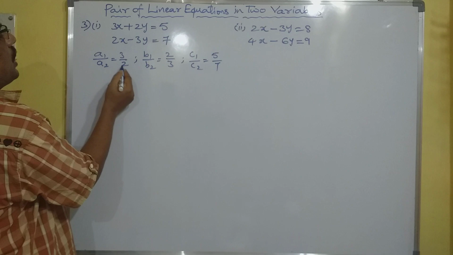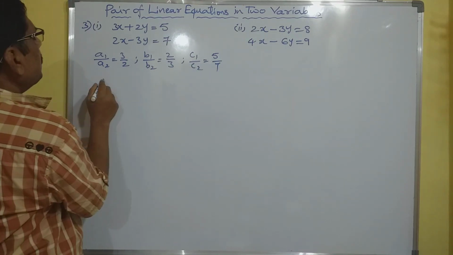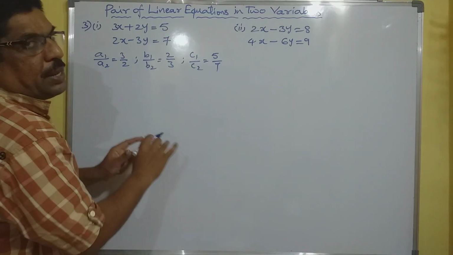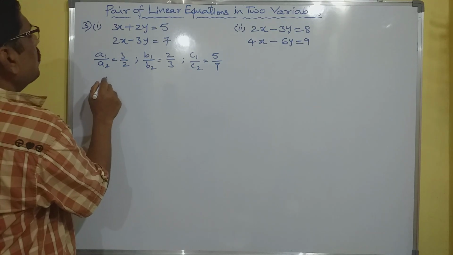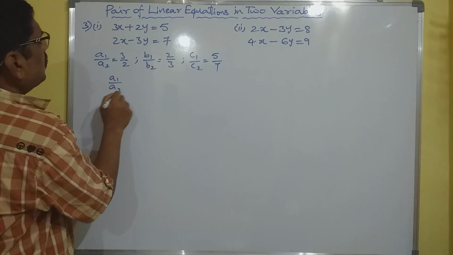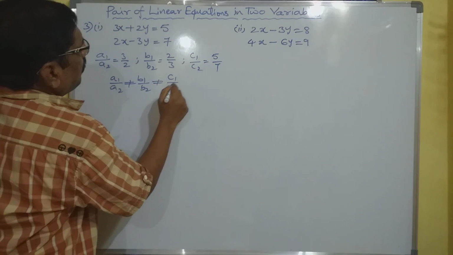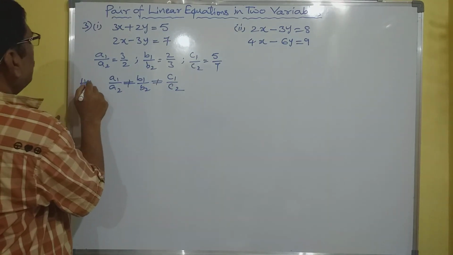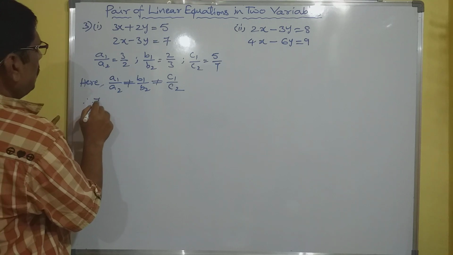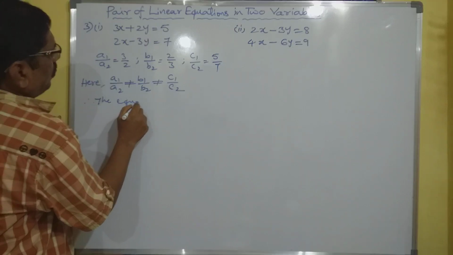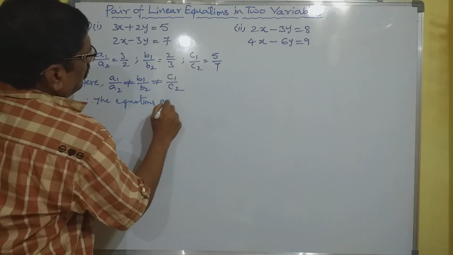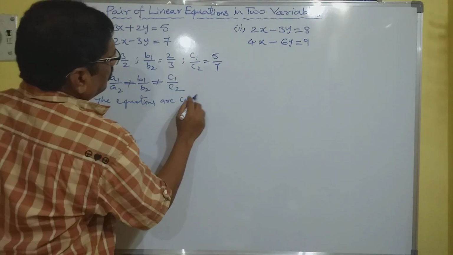Now here a1 by a2, b1 by b2 and c1 by c2 all are different to each other. Therefore a1 by a2 is not equal to b1 by b2 is not equal to c1 by c2. Okay, therefore the equations are consistent.